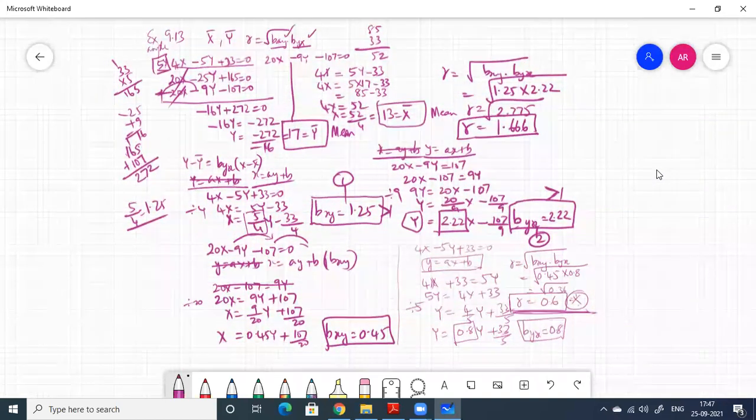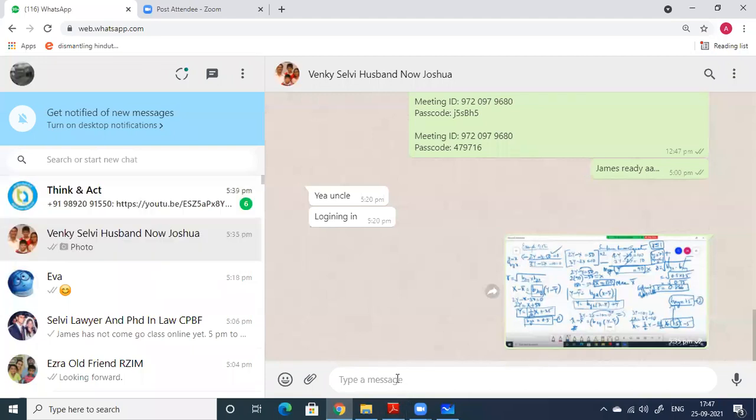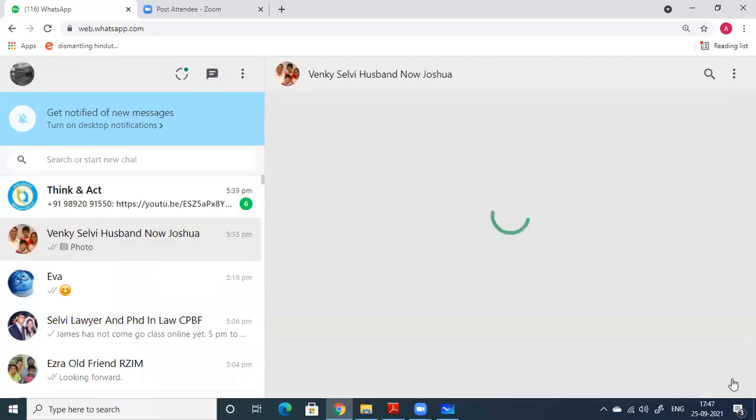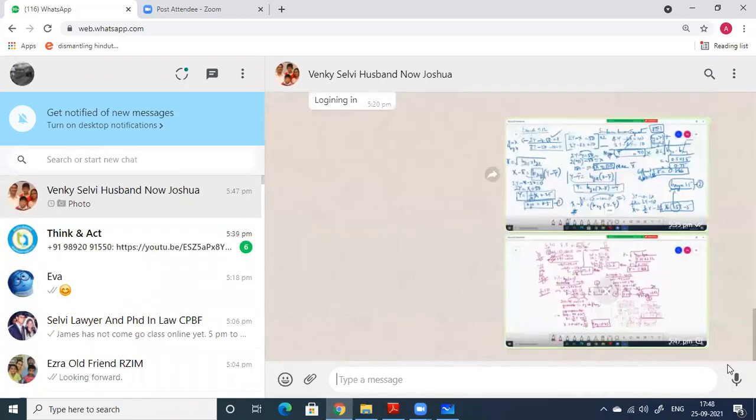Why this is important? I'm going to paste this. Then I will tell you why this is important. Because it teaches us we should not flout the rule where both b of xy and b of yx should not be greater than 1.